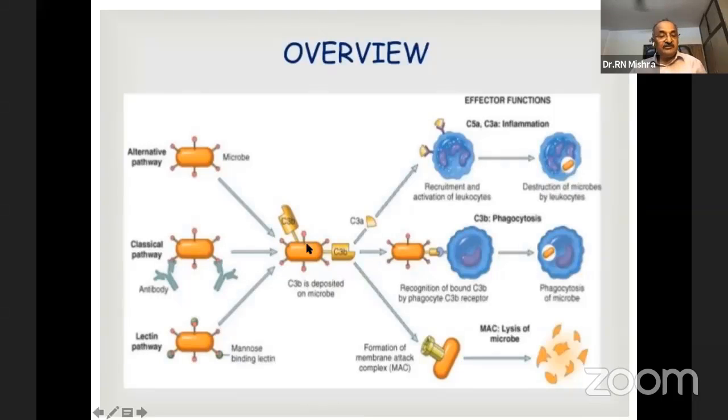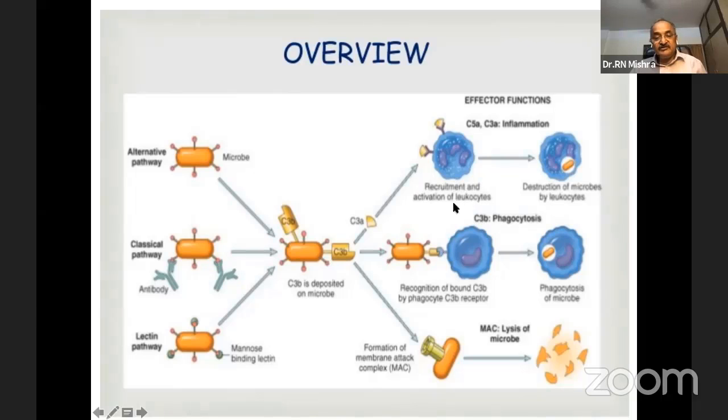So this is an overview, whether it's the classical, alternative or lectin pathway. C3 is activated, and the C3b gets deposited on the microbial surface or on the cell membrane. C3a is a biologically active inflammatory mediator.